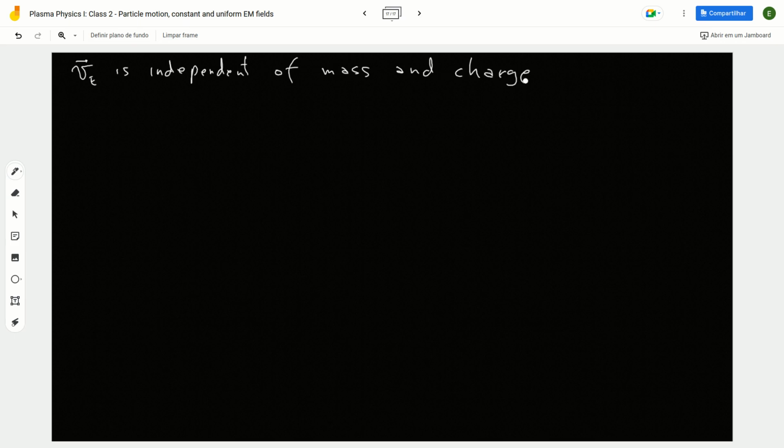It's a constant velocity, right? So it's the same for ions and for electrons. So VE is our plasma drift velocity.